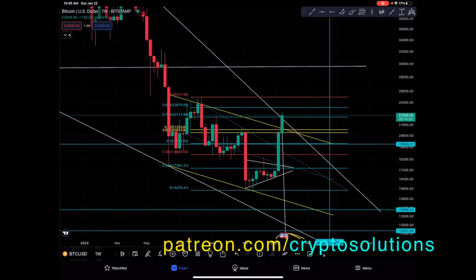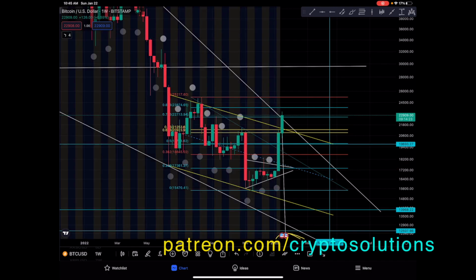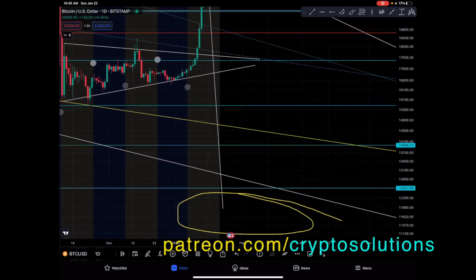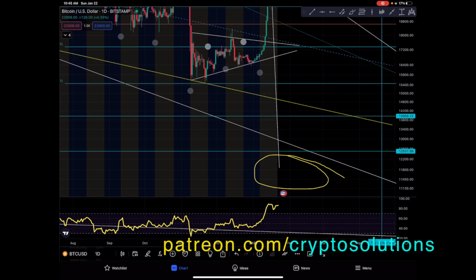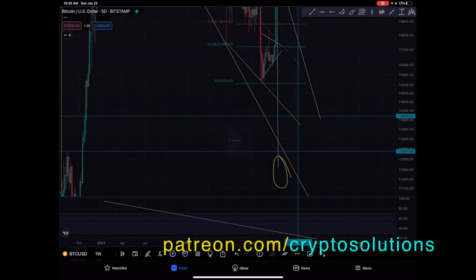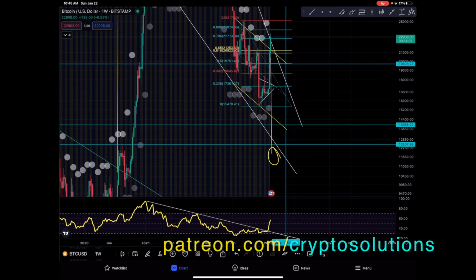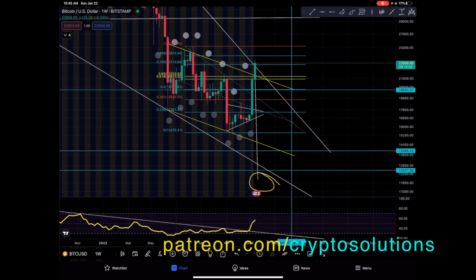And so also in the very short term, we can expect a pullback because of the CME gap, like I mentioned before. And the bullish signs will be this, in the weekly time frame, like I already explained before: the bullish divergence in the weekly time frame.